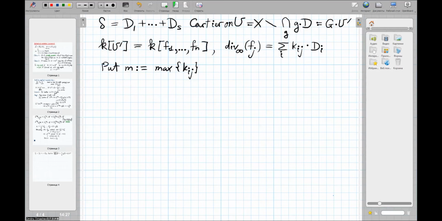So let me denote by s_0 the canonical section associated with the divisor m delta. This is a section of the respective line bundle over this open set U, because delta is Cartier on U, and we have the respective line bundle and the respective canonical section.